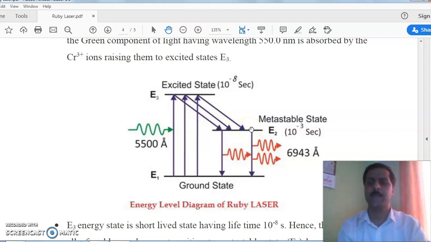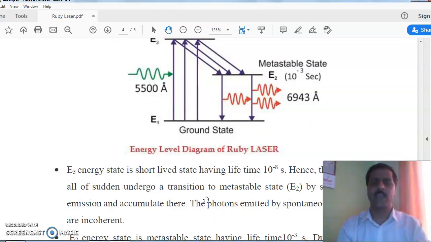When population inversion is achieved, these chromium ions give laser transitions and jump to the ground state. Then they emit photons. The emitted photons are in phase, as shown in the diagram, and have wavelength 6943 angstrom. So this is the working.